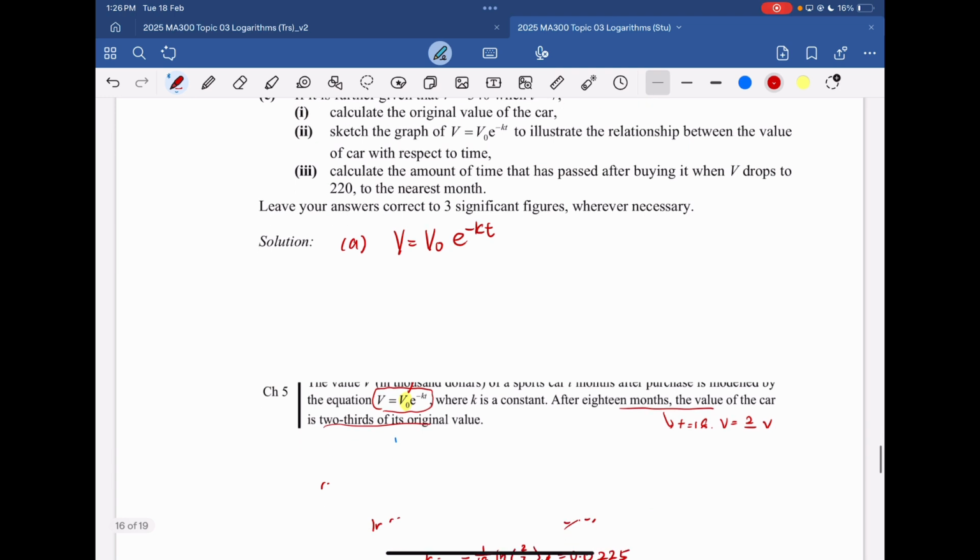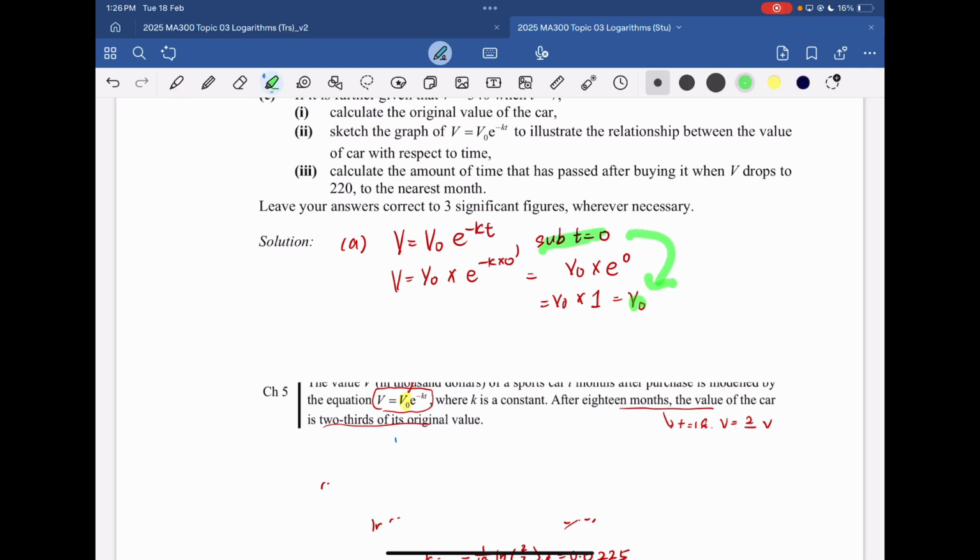So here you sub time as 0. What is V? V is V0 times e power negative k times 0. What is k times 0? 0. So what is V0 times e power 0? That's V0 times 1, which is V0. So when time is 0, your value is equal to V0.